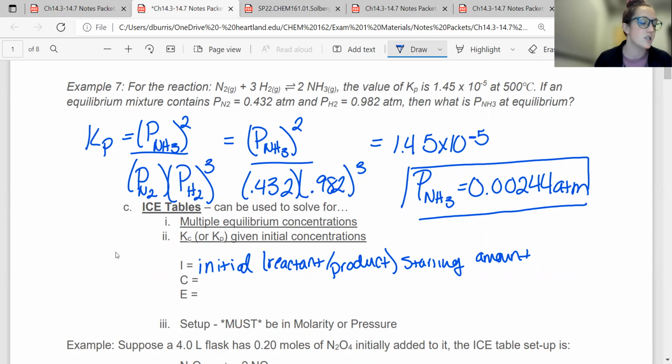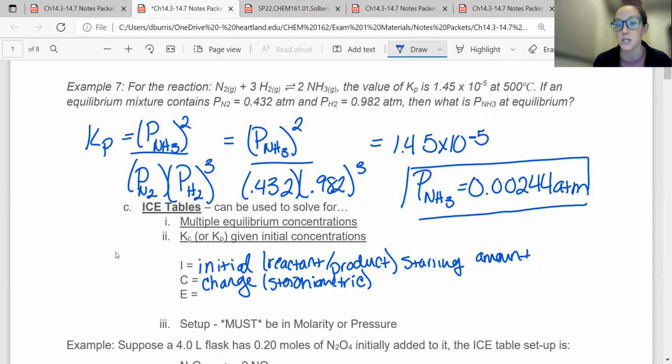So the concentrations are going to change, and the C stands for how much they're going to change by. Change in concentration. Okay, so these are stoichiometric. And anytime I mention stoichiometry or stoichiometric, that just means that we're going to have to bring in the ratios of all of the reactants and products.